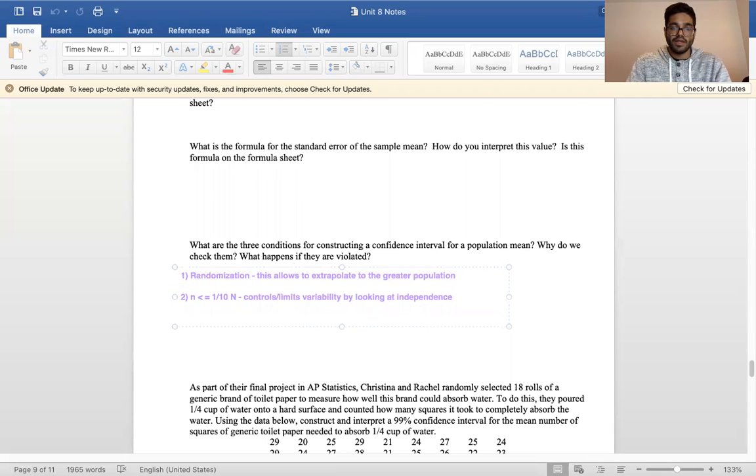And then you have your normality check. We have a couple things that we can do. It could be given in the problem. It could be that you have to graph the data.